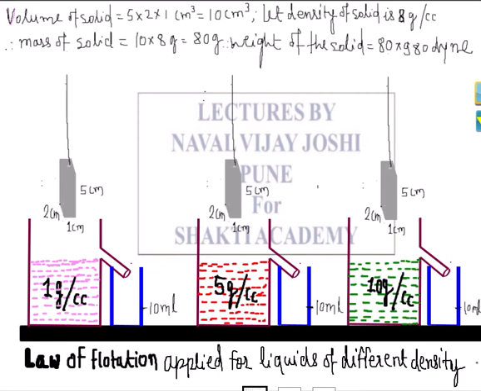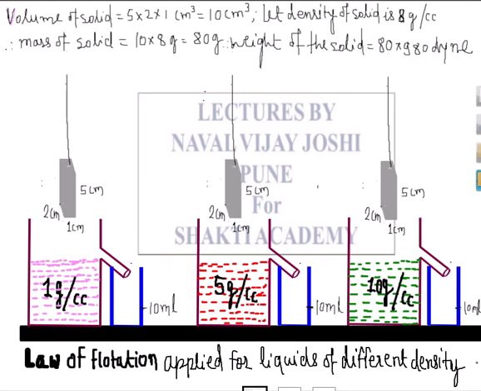Weight means, I told you, the weight of the object is equal to the gravitational force exerted by the earth on the object. So here the weight of the solid is 80 multiplied by 980 dyne. Now one by one we would discuss the cases. Here I would show you the first case. The density of the liquid is 1 gram per cc.